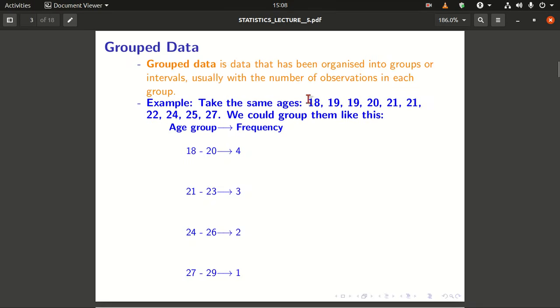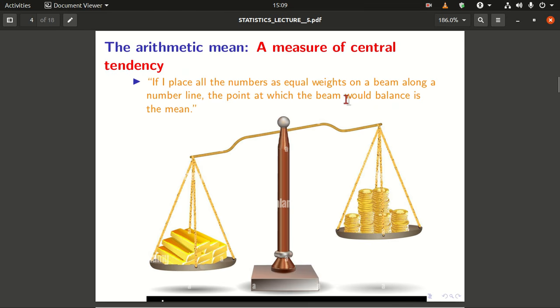But when everything is listed individually, that is ungrouped data. I hope you can see the difference. Grouped data is data that has been organized into groups or intervals, usually with the number of observations in each group.